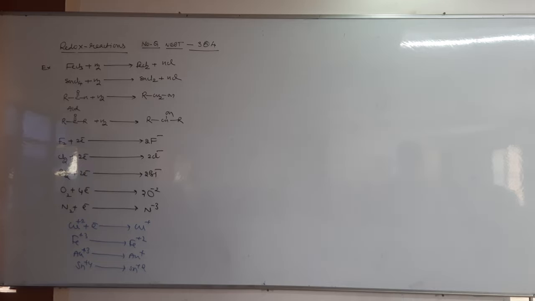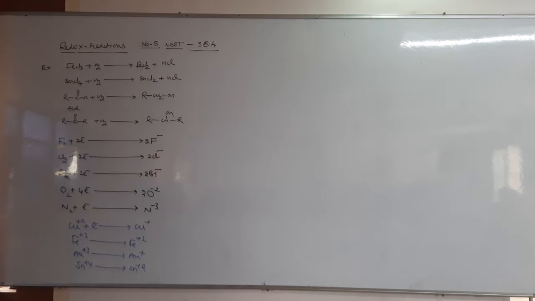I told you, all chemical reactions need not be redox. There are some reactions where oxidation reduction does not take place, they are not redox reactions. But wherever oxidation reduction takes place, there is involvement of oxidizing agent and reducing agent. Therefore, we need to identify in a given chemical reaction which is an oxidizing agent and which is a reducing agent. So this kind of question is very commonly asked.